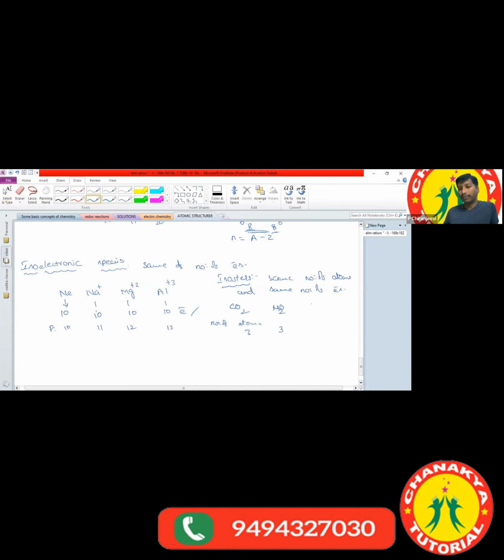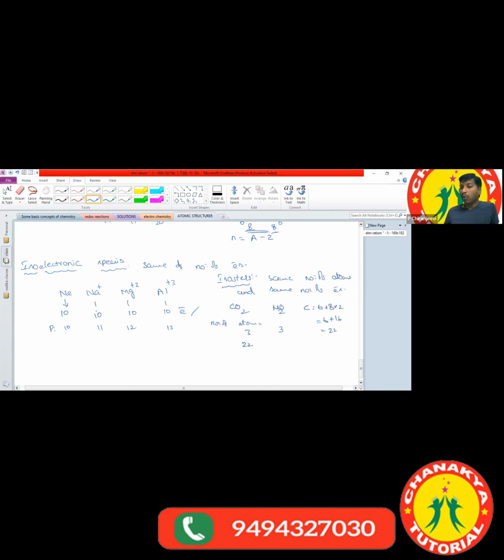Carbon atomic number is equal to 6. Oxygen atomic number is equal to 8. How many oxygens are there? 2. So that means 6 plus 16, total number of electrons is equal to 22. Carbon dioxide contains 22 electrons.